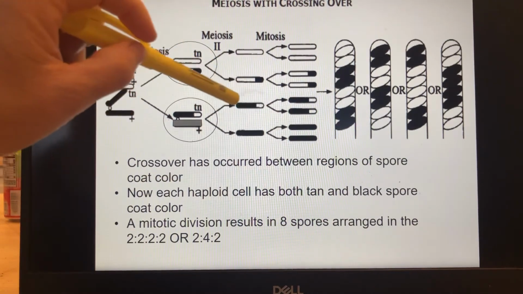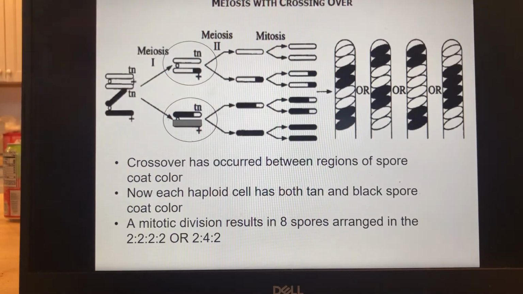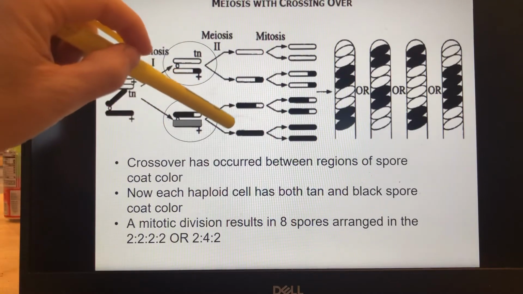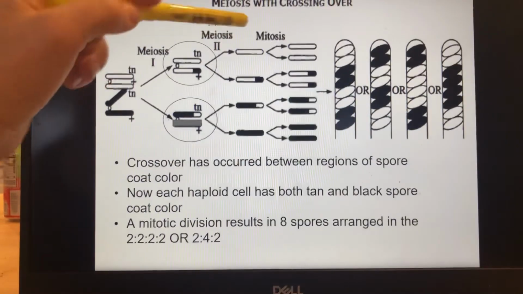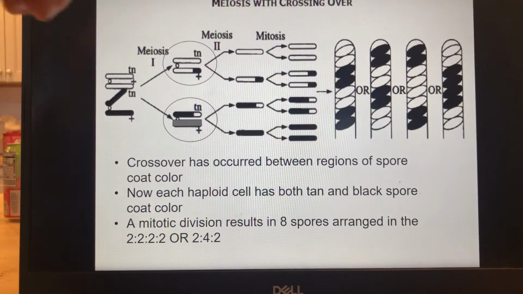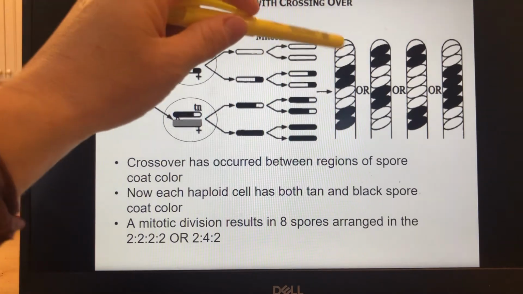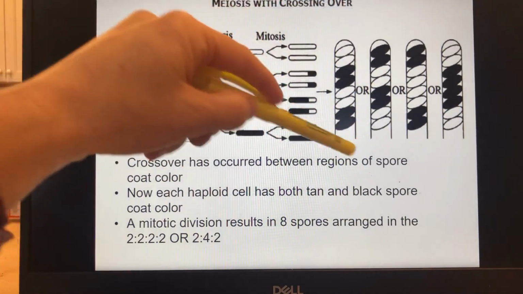Then we have 1 that inherited the tan spore color. And then this guy did not have crossing over occur with him, so he's going to remain the black spore color. After it goes through the mitotic division, then we end up with what we see here. 2, and it can be arranged in many different ways, but this is what it's kind of showing right here.